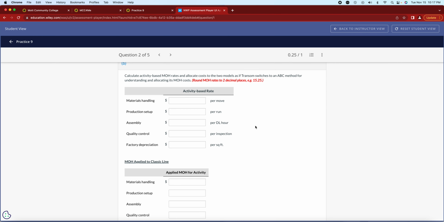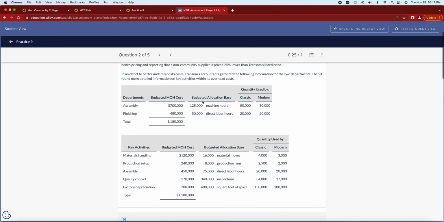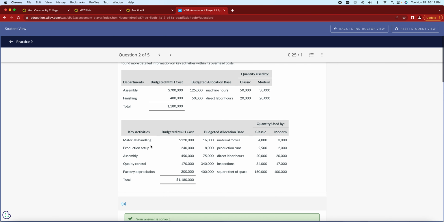The next area, we're going to actually redo this using activity-based activities instead of just assigning it to the departments. We're going to go into those departments and look at the individual activities involved and spread overhead based upon the different activities that these products go through. So the first thing we have to do is calculate the rate. Let's get back up here to our budgeted area.